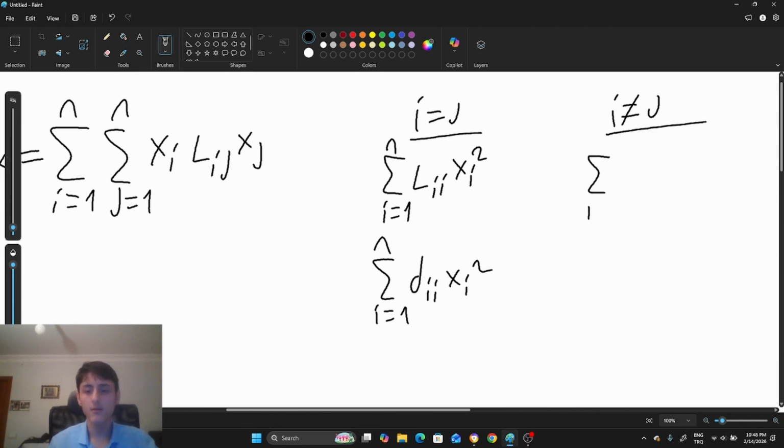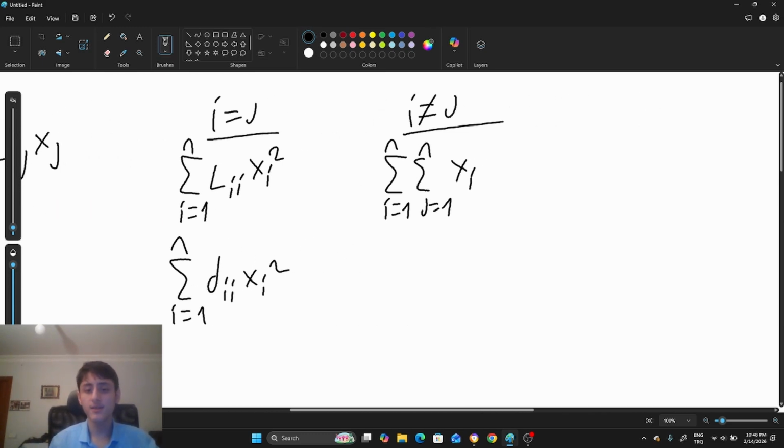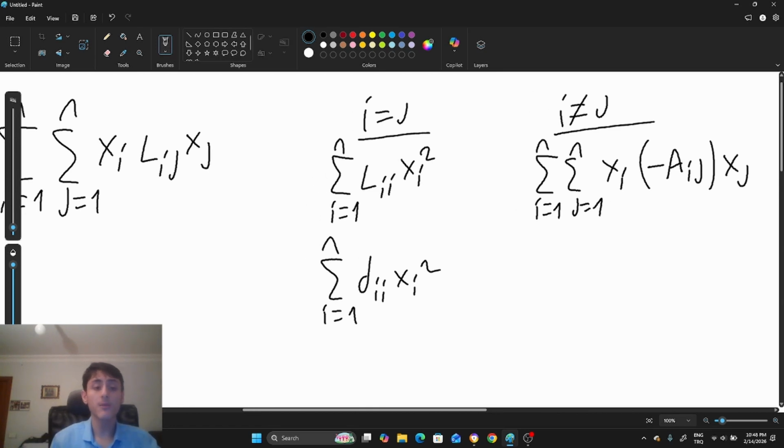So we can say the sum over i equals 1 to n, j equals 1 to n, of xi, and this is important, minus a_ij xj. The only thing I did was to swap the Laplacian matrix entry L_ij with minus the adjacency matrix entry a_ij.